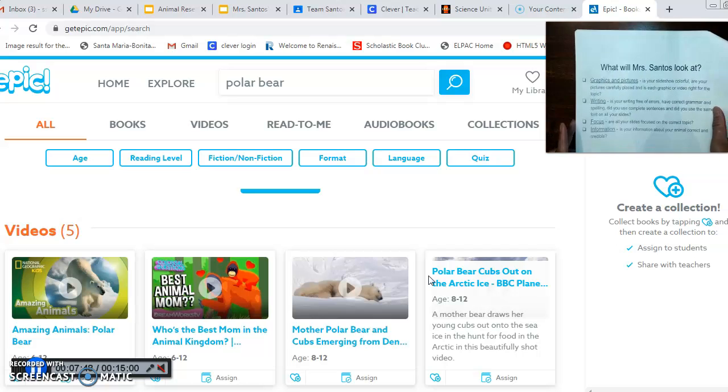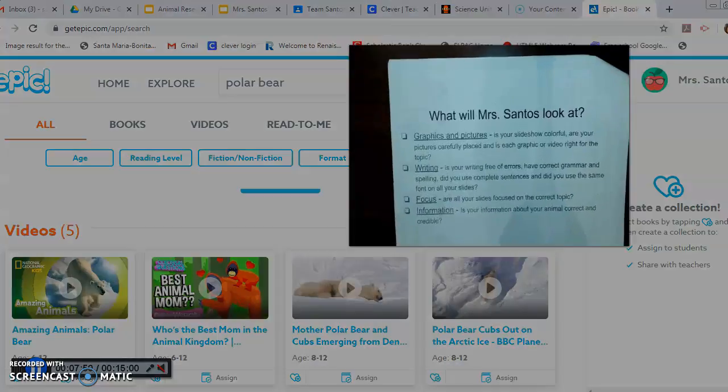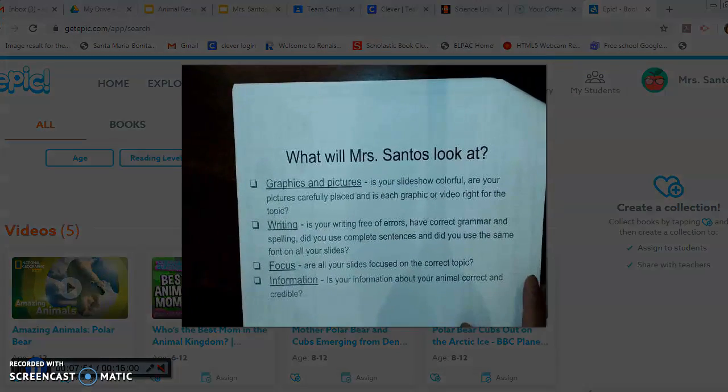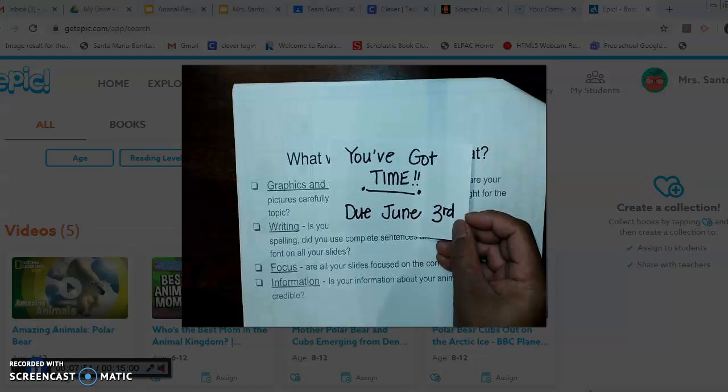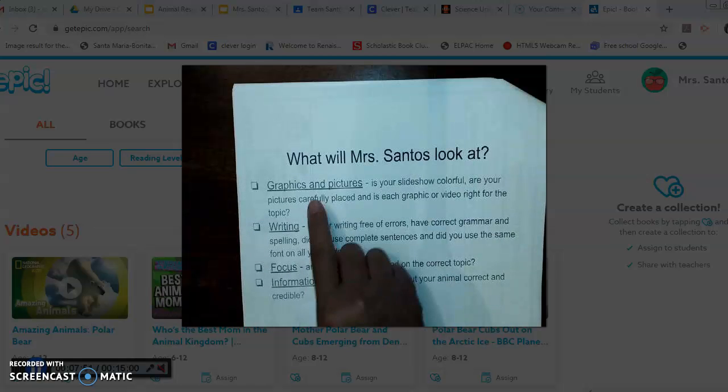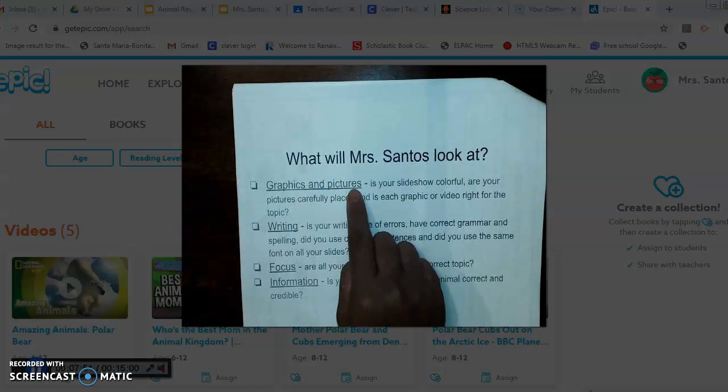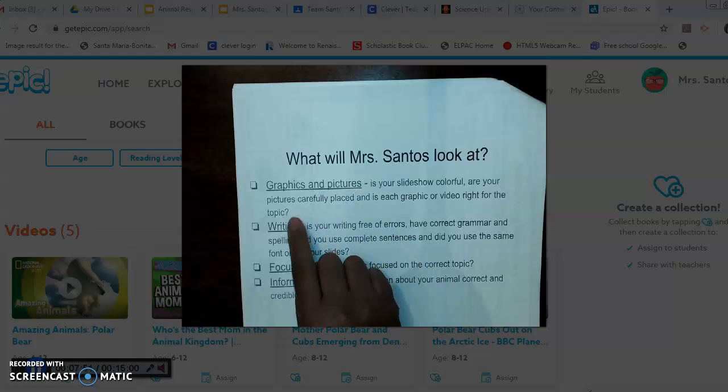When you turn this in, and this project, boys and girls, is not due until June 3rd, so you've got plenty of time. Okay? I am going to be looking for your graphics and your pictures. Did you add some nice color to your slideshow? Do you have beautiful pictures that you've added to your slides? And are they placed onto the right topic?